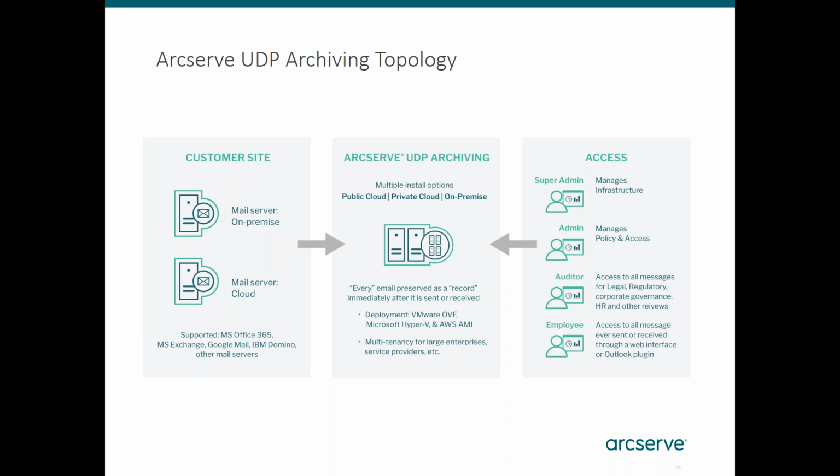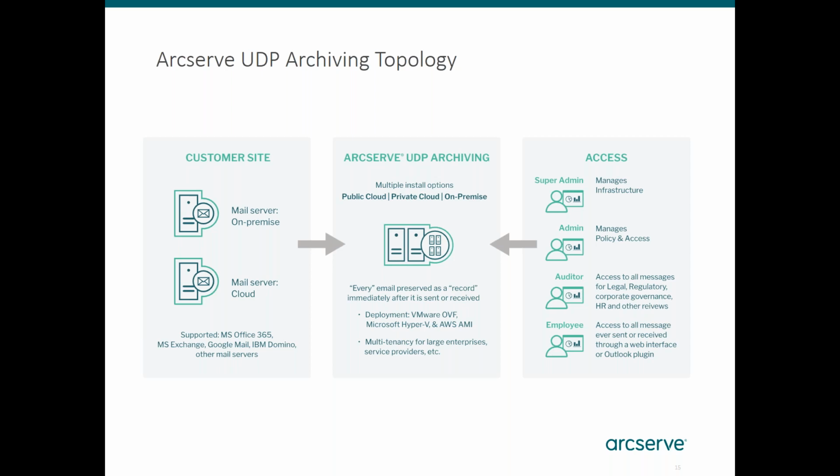Access-wise, on the right-hand side of this diagram, we see 4 different types of access. First of all, super admin, the person who is able to configure the system and provide the core pieces of information for this system to run. Admin, which I call site admin or domain admin, basically a person who is able to configure everything in regards to a specific domain.